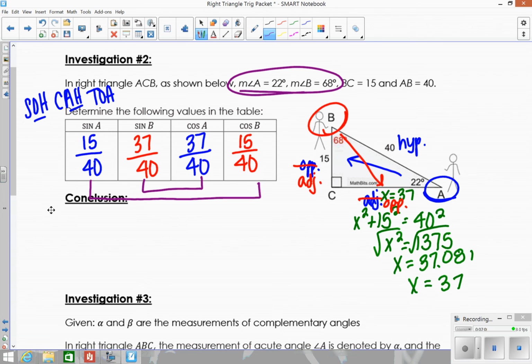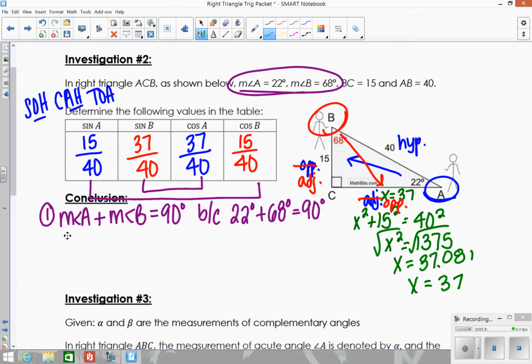So let's write that down. The first conclusion is that the measure of angle A plus the measure of angle B equals 90 degrees, because 22 plus 68 equals 90 degrees.